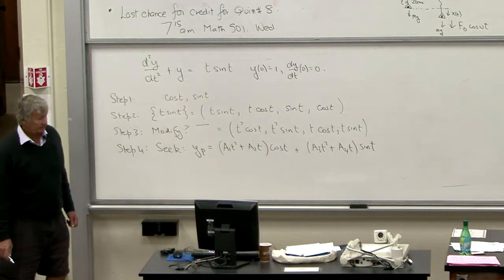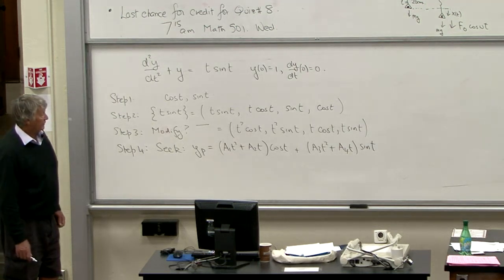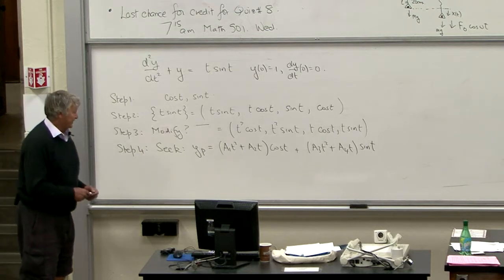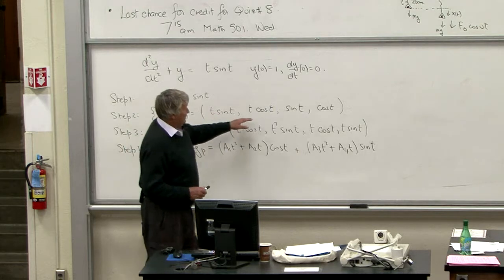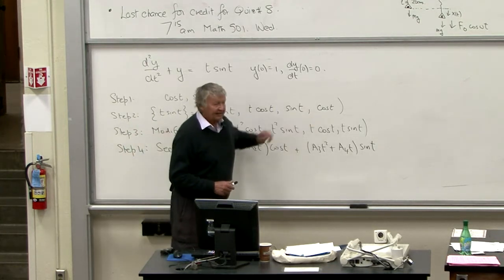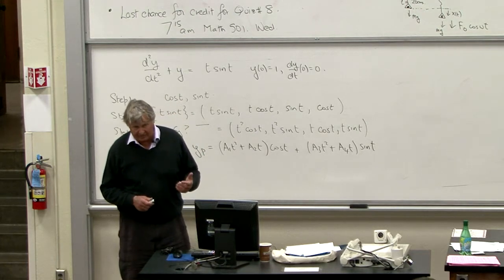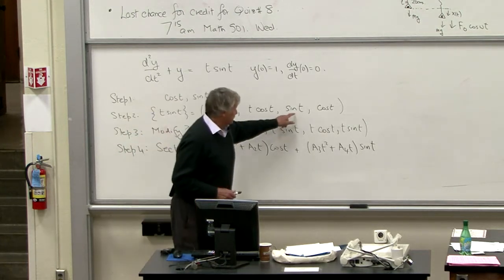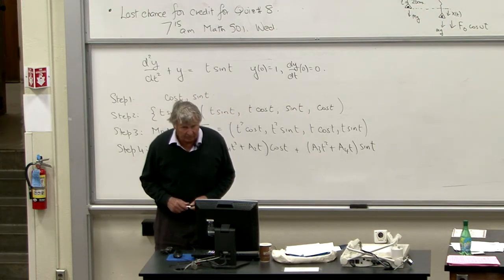Question? What would happen if you multiplied by t squared instead? What would happen if it was not the lowest power of t? Right, very good question. If you multiply by too many t's, you would generate terms, t times sine t and t times cos t, and would have trouble.